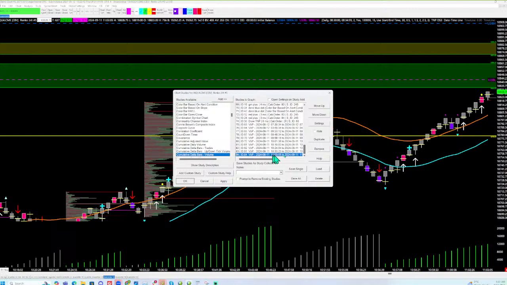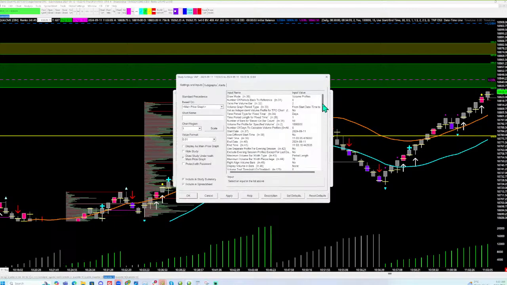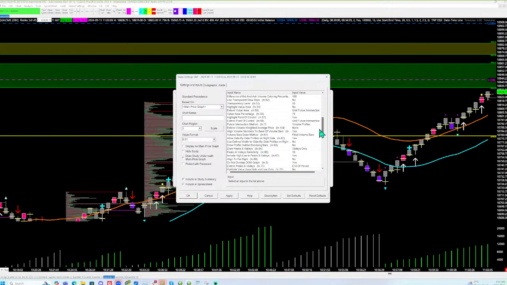Then you go to Settings and come all the way down. Write this down so you have the instructions, so I don't have to do it 3 times. Draw peaks and valleys, valleys only. Include high and low and peaks and valleys. Yes.